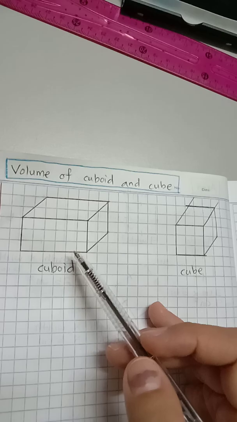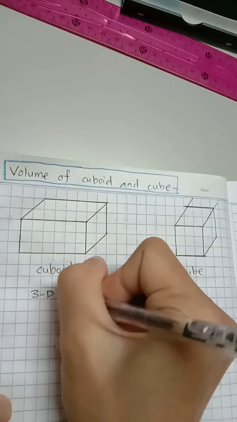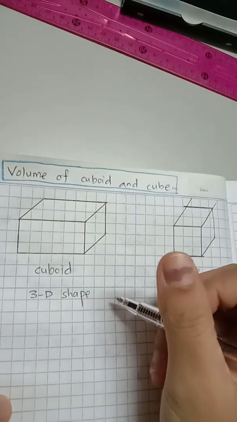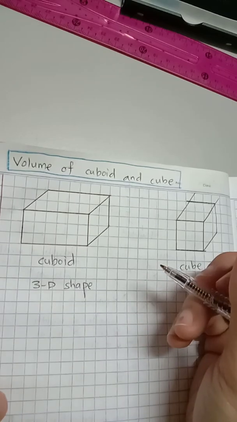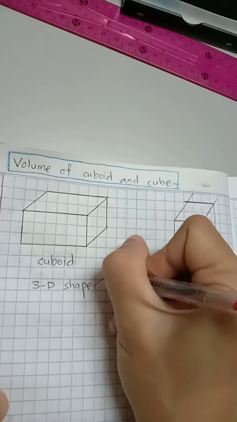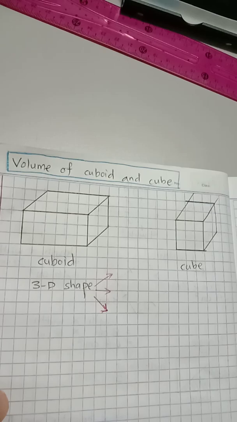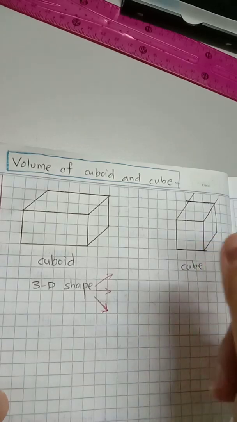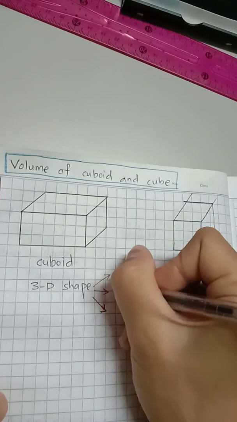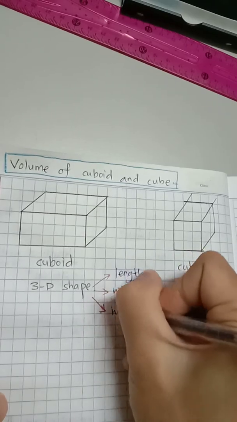It is because we need three measurements to calculate the volume. What are they? They are length, width, and height.